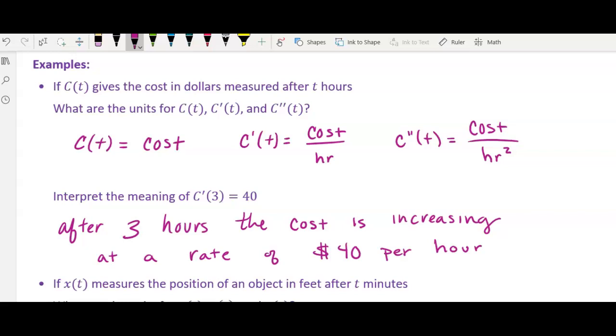It's increasing because the derivative is positive, C prime is a rate of $40 per hour.